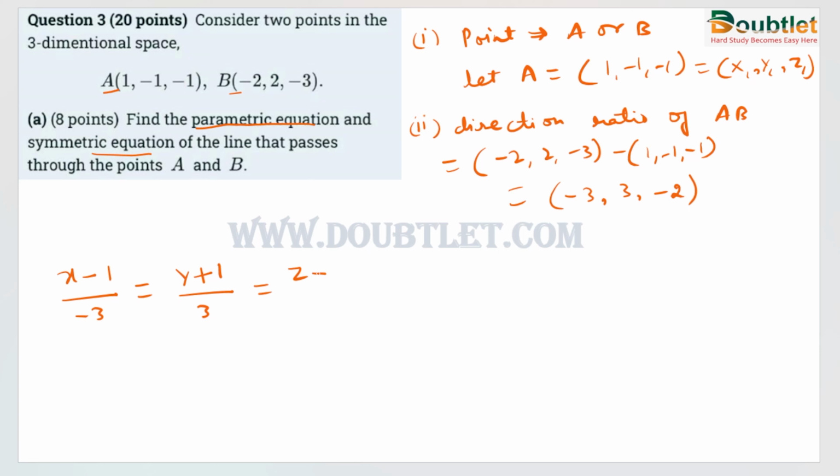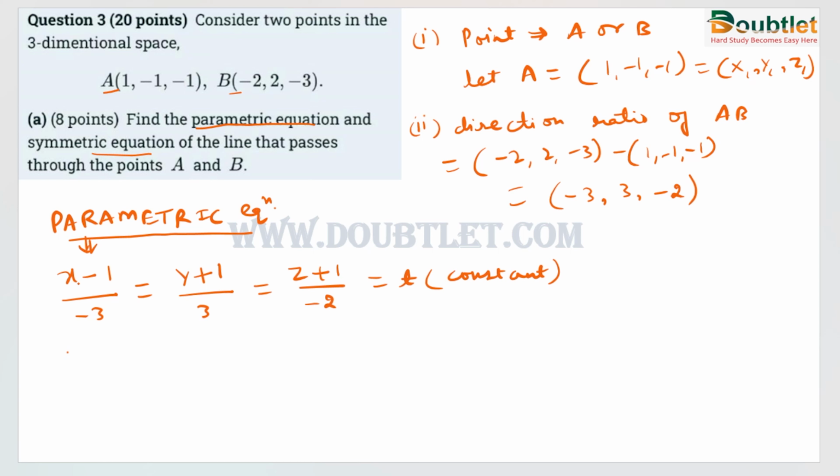Then z minus of minus 1, so it will become z plus 1, divided by z2 minus z1, which will become minus 2, is equal to t, where t is the constant. So this is the symmetric equation.